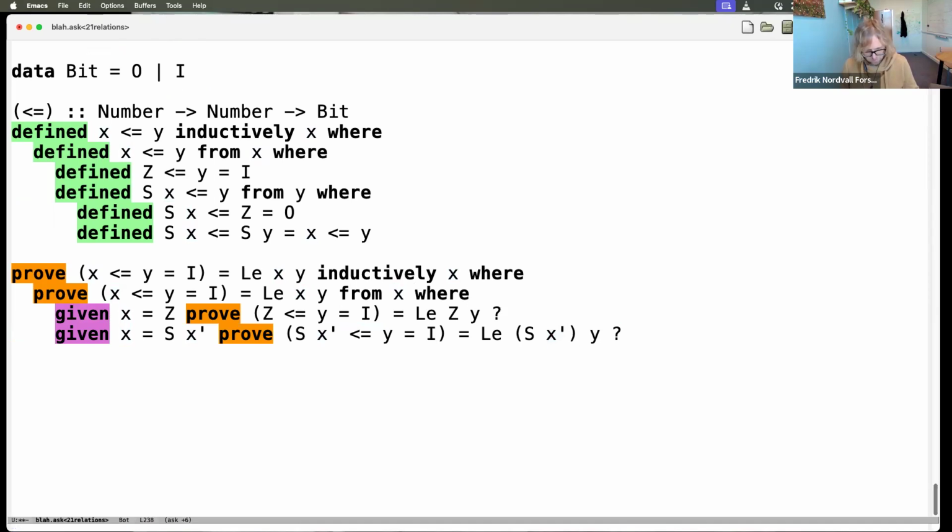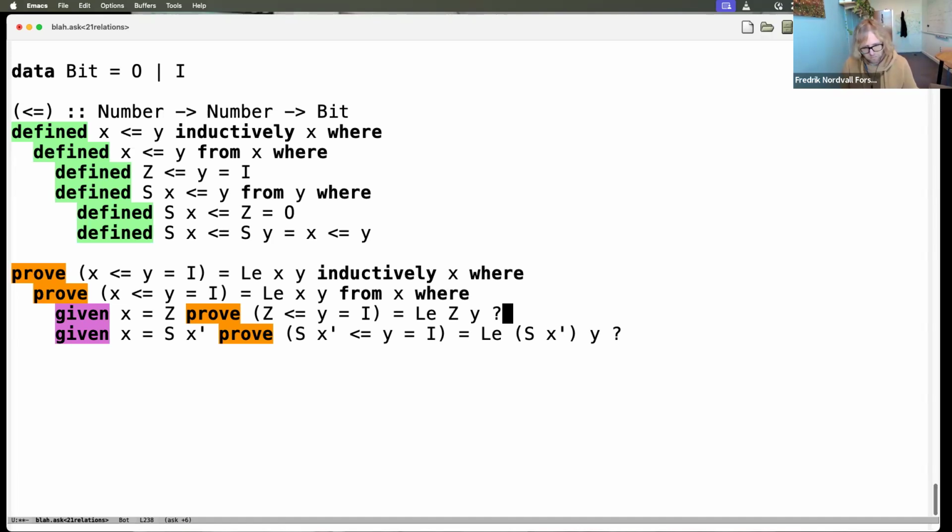Okay, but here, what have I got? I have to prove that these are equivalent statements, but I expect that knowing that the first input was 0 is actually going to get me some computation.